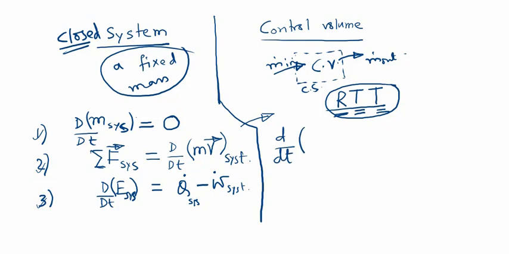So D/Dt of mass, or any property; rather not mass, let us consider an extensive property, say B. So what is B? B is an extensive property.